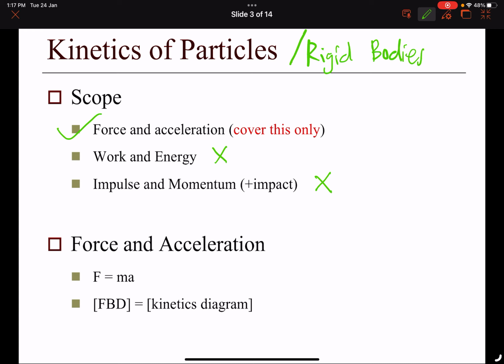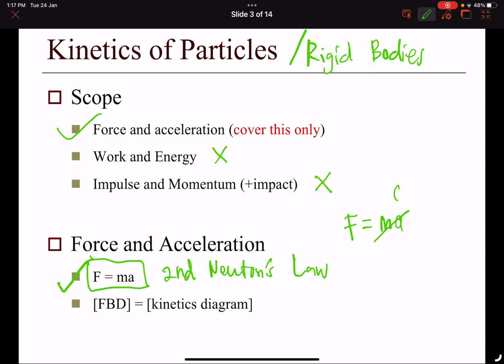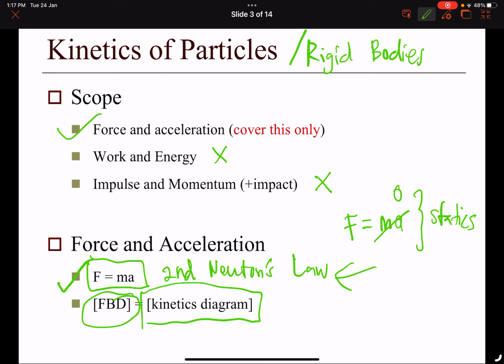For force and acceleration, do you still remember this equation? This is Newton's second law. In statics, we consider acceleration always equal to 0, so the MA side becomes 0 always, and this is statics. In dynamics, there is some movement, so we have to consider Newton's second law. The F side is the same as the statics you learned before, which is the free body diagram, and the MA side is the kinetic diagram, which involves the forces, the acceleration and the movement.